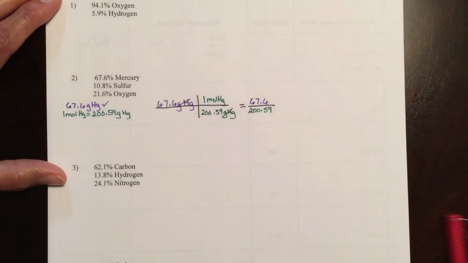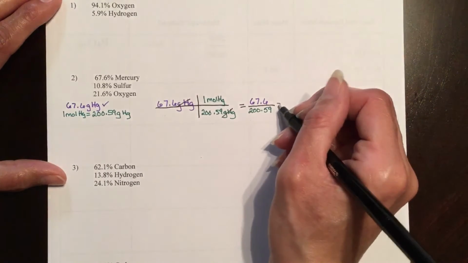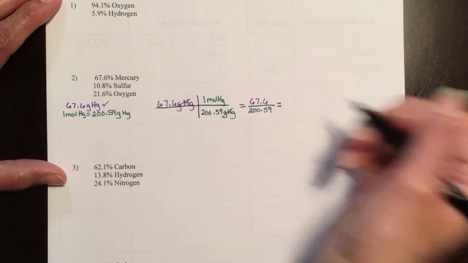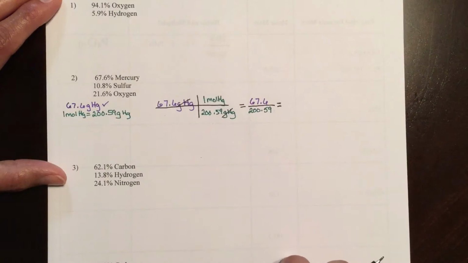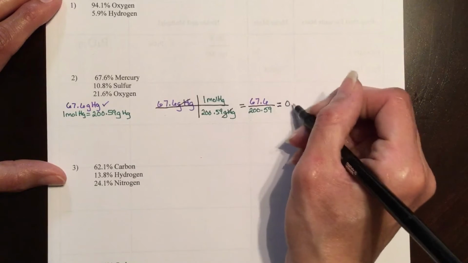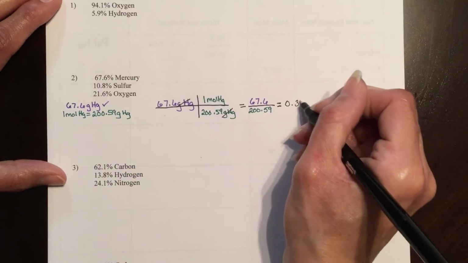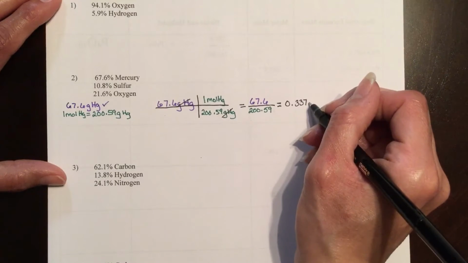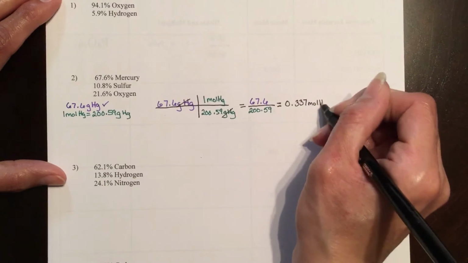Now, I'm telling you to round to the thousandths because it's going to be important later on in stoichiometry. So we're rounding this to the thousandths. If we plug this into our calculator, it should come out to 0.337. And that's going to be moles of mercury.